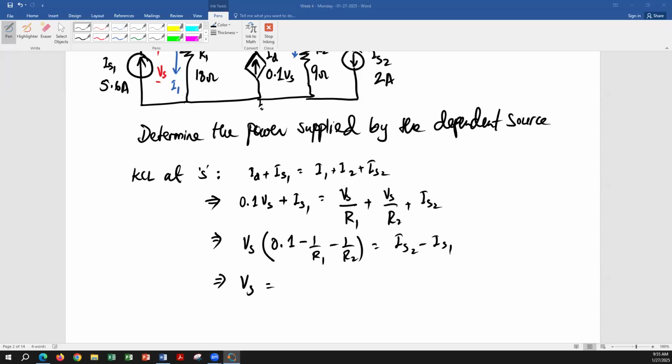R1 is 18. R2 is 9. And then IS2 is 2. So Vs is equal to IS2 minus IS1 divided by 0.1 minus 1 over R1 minus 1 over R2. And that gives us 54 volt.